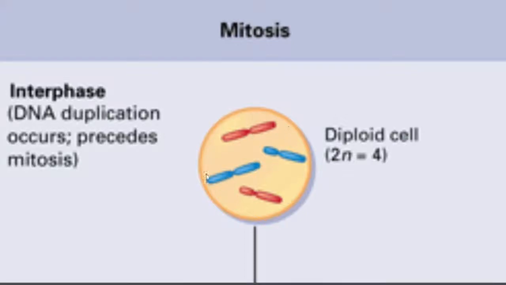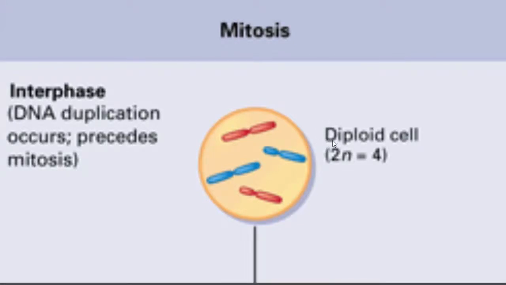So this cell has 4 chromosomes, or 2 pairs. A real human cell would have 46, or 23 pairs, but that gets a little bit messy to look at as a diagram. So maybe this is a fruit fly or some other organism that does not have quite so many chromosomes. This cell is what we call diploid. Now di at the front means 2.